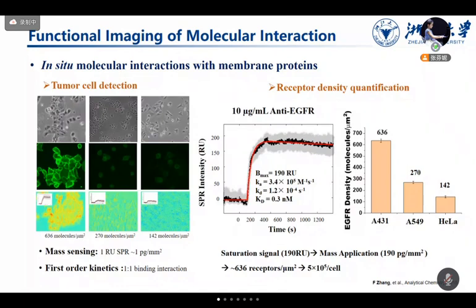If we can quantify the exact expression levels, we can use it to evaluate the status of the disease, and also we can use it to evaluate how the treatment is working, right? So it also provides us a good way for tumor cell identification.